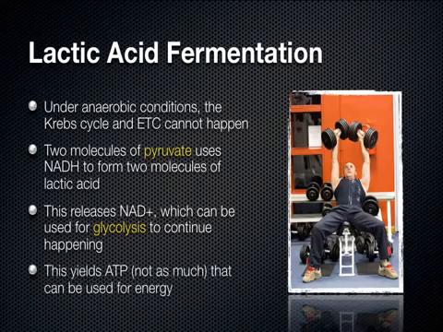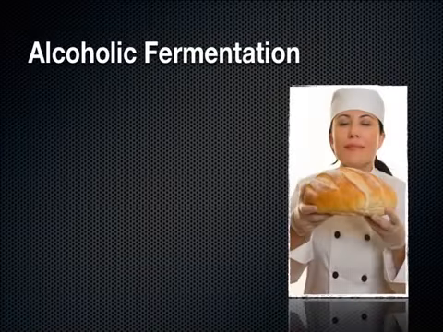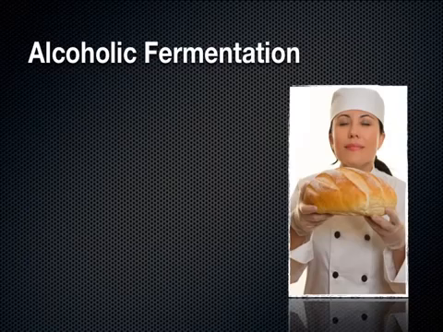So this does yield ATP, which is a good thing. Not as much as if everything were to happen with oxygen, but it yields ATP that can be used for energy. All right, let's go on to the next type of fermentation, which would be alcoholic fermentation.